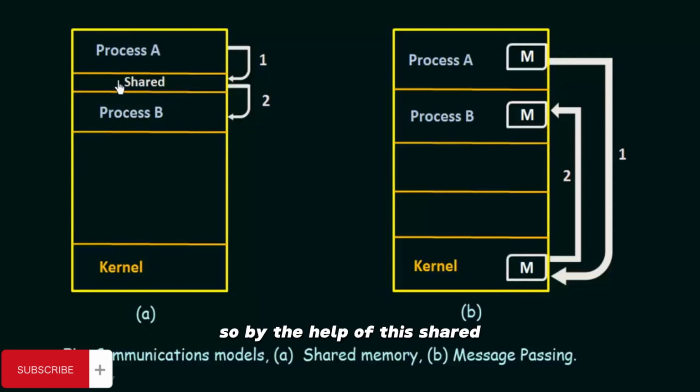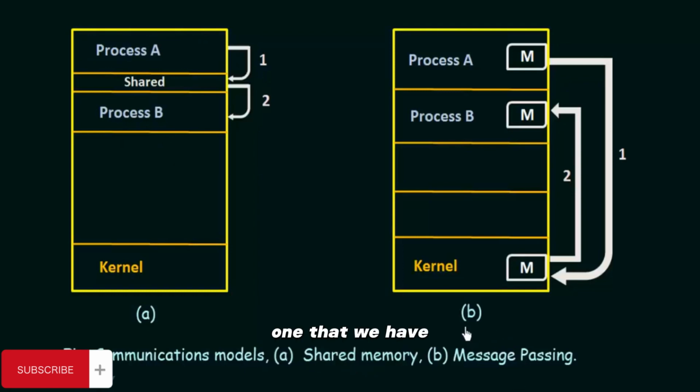So by the help of this shared memory region, process A was able to communicate to process B. Process A writes here and process B reads from here, and it is possible because this is a shared memory region accessible to both process A and process B. That will be the case even when there are more processes like this. So this is the example of a shared memory communication model.